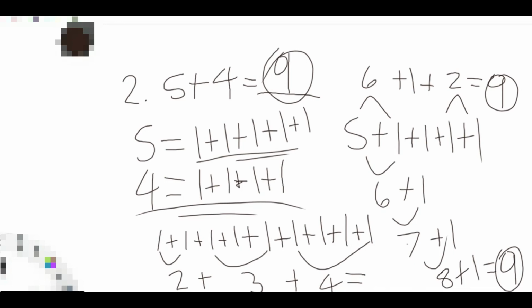Or you could do it 3 plus 4. So if you can't do it right away, for example, if you did 2 plus 3, which is 5, it'll be 5 plus 4. So you combine these ones, and that's how you get 9.